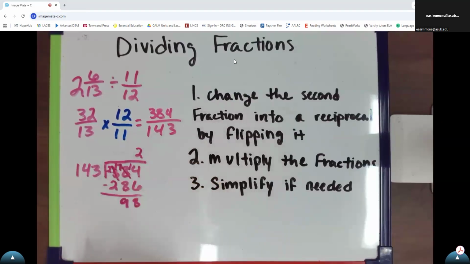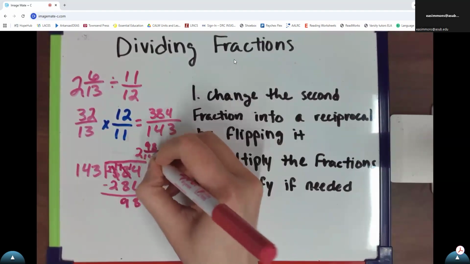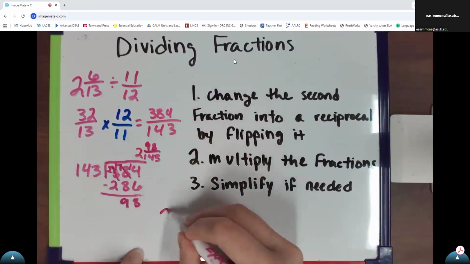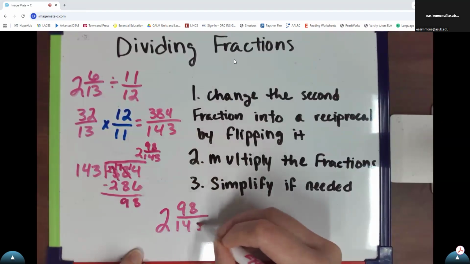And 2 minus 2 is 0. So we're left with 98. So we'll put our 98 over 143. It's pretty small to look at. So 2 and 98 over 143.